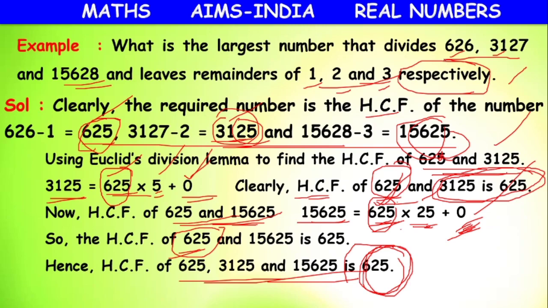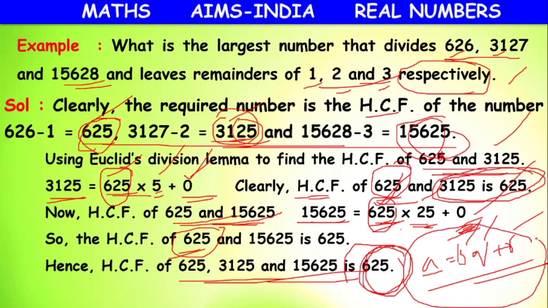So here, children, the concept is very, very important. A equal to BQ plus R is the division rule which we have learnt in lower classes. A is the dividend, B is the divisor, Q is the coefficient, R is the remainder. The same is used in Euclid division lemma.